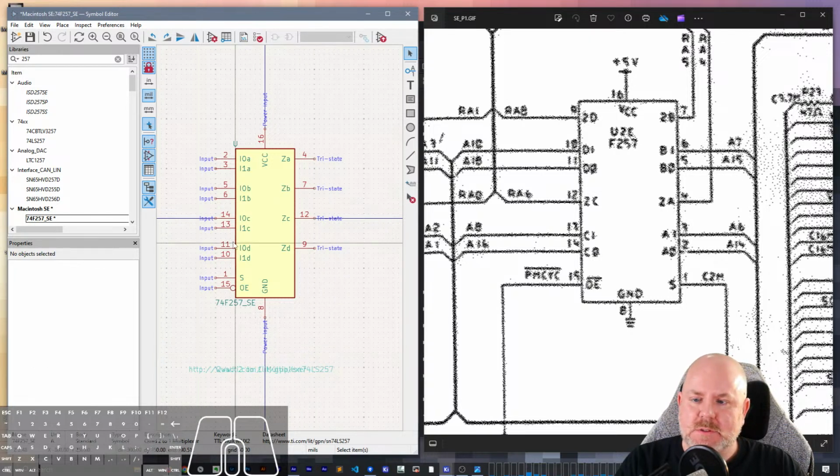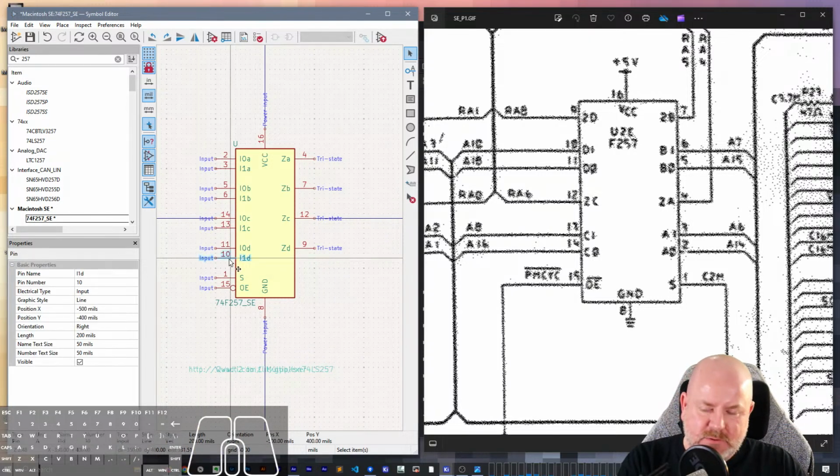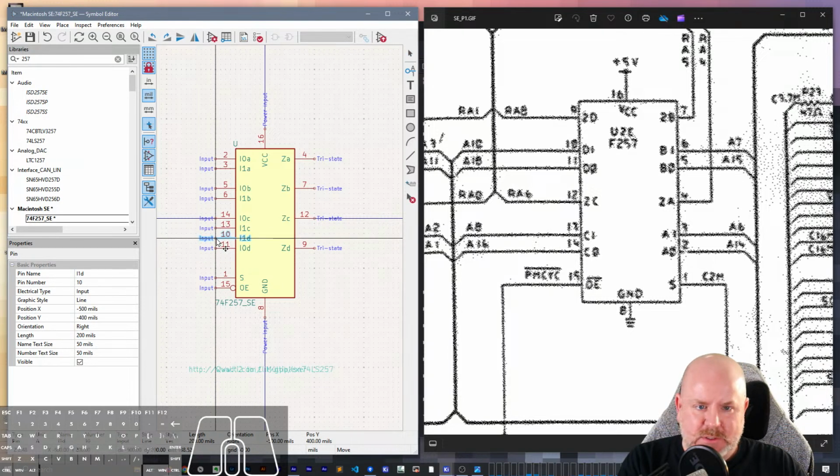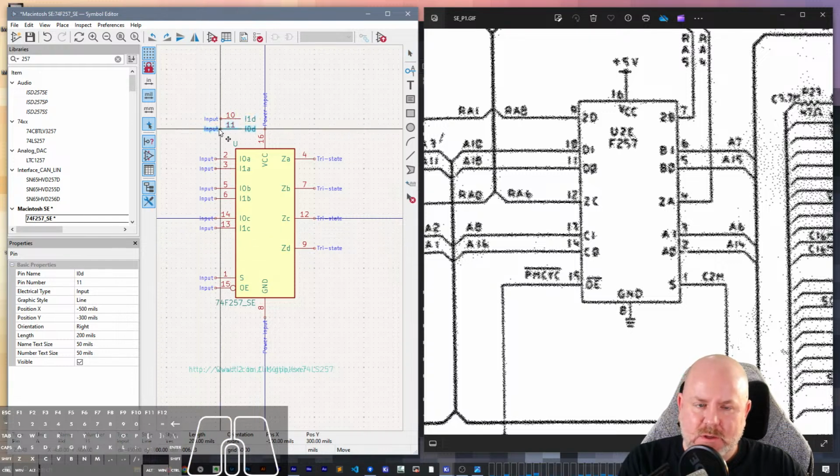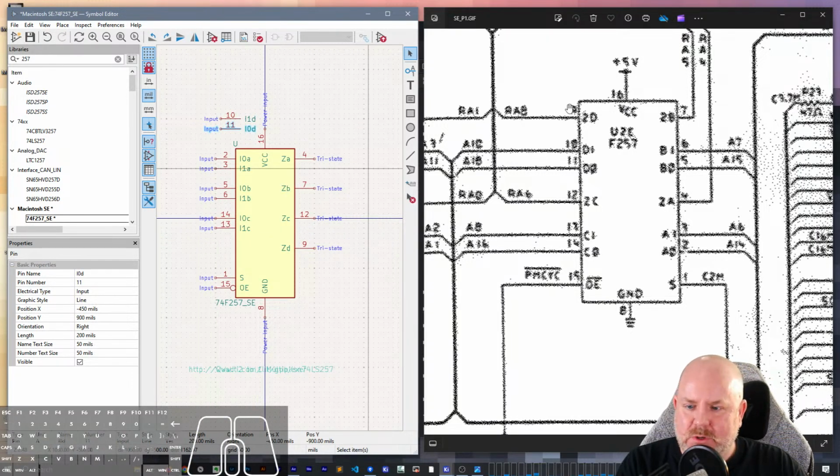10 and 11 are going to get swapped, and then they're going to go near the top of the part. So I don't know. I'm just going to put these up here for the moment. I can't tell what this pin number is. Is it 9? What is 2D? I can't tell.